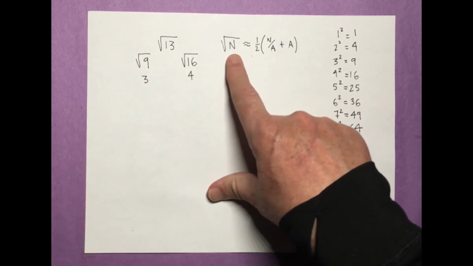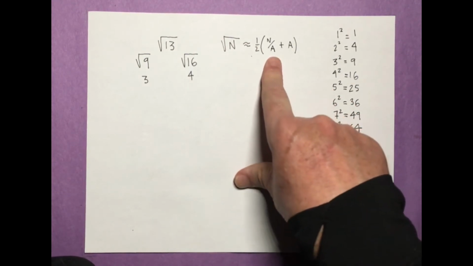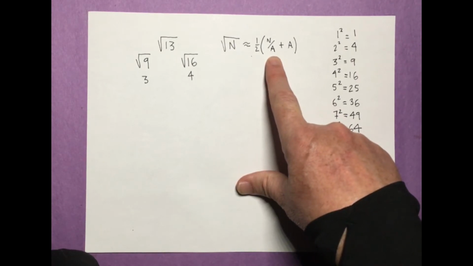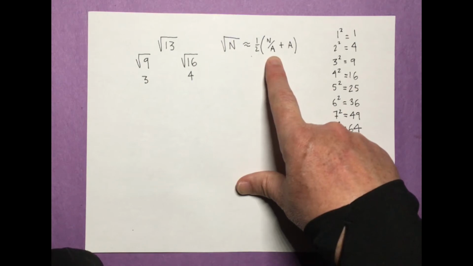So n is the number we're trying to find the square root of, and a is just going to be your guess. You're going to make a guess on what you think the square root is going to be.